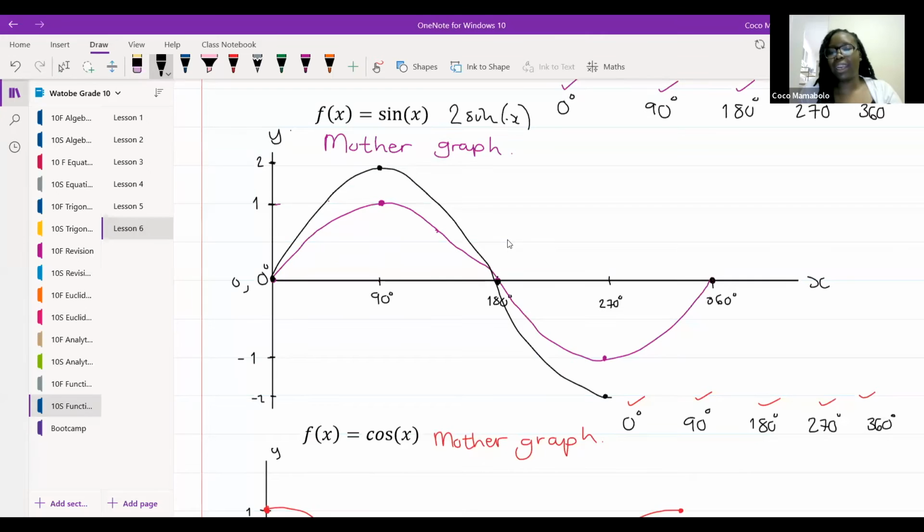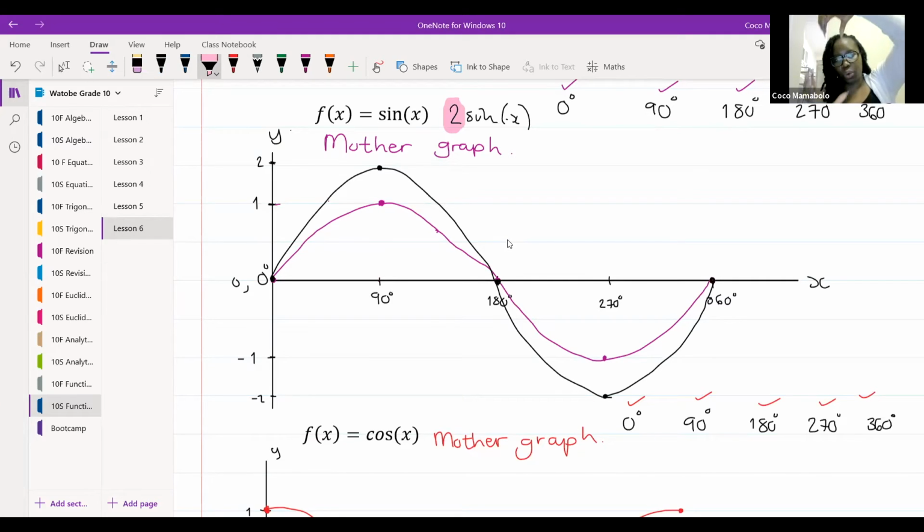So my next question, guys, is what did this 2 in front of the sine x do to my graph, to my mother graph? Good, Namisile, that's exactly what I was looking for. It increased, good, or it kind of stretched it.